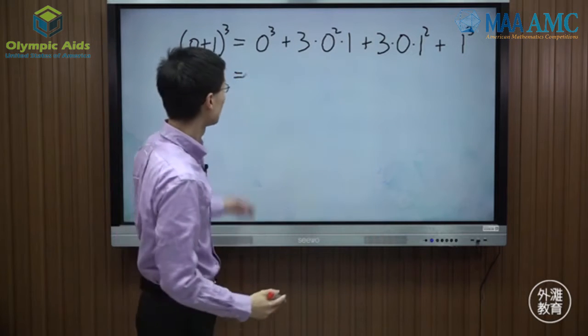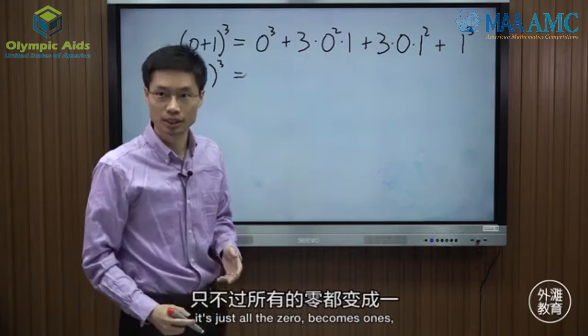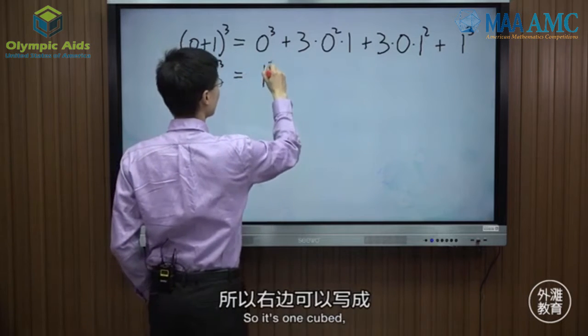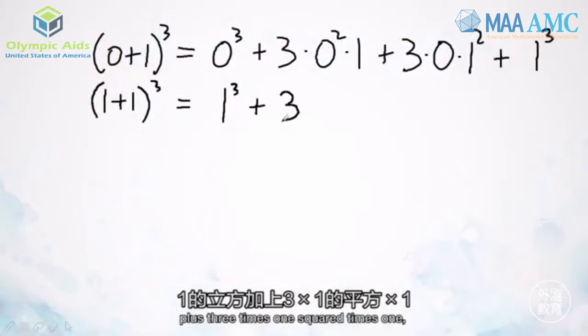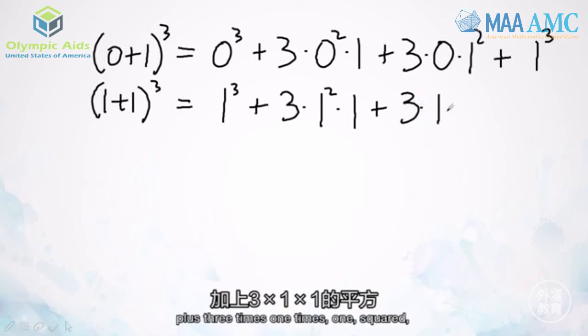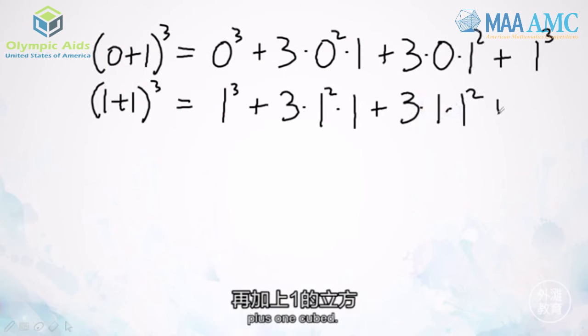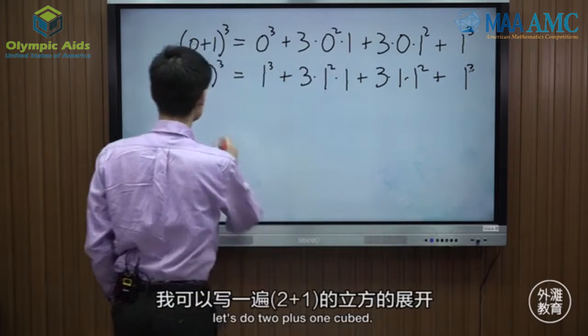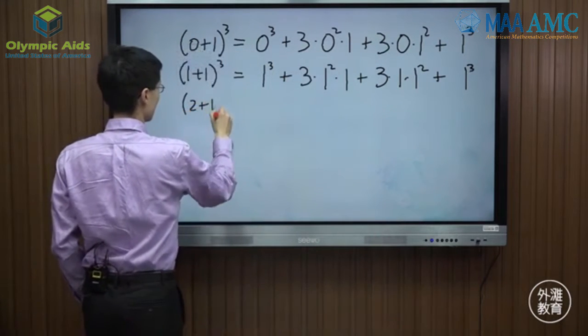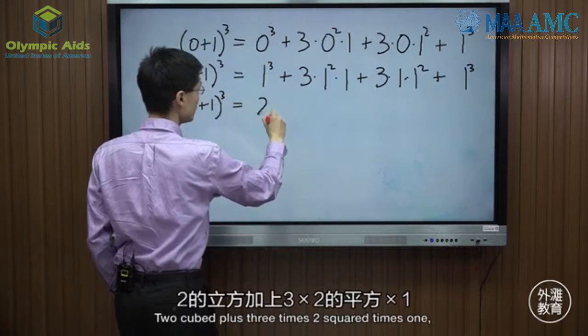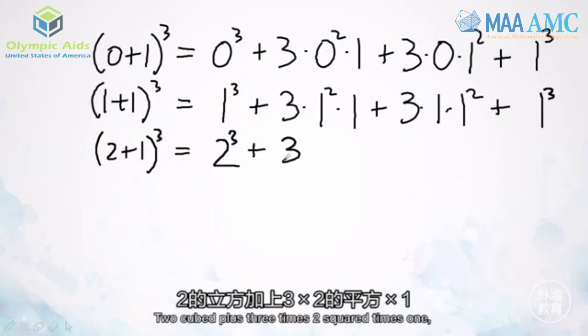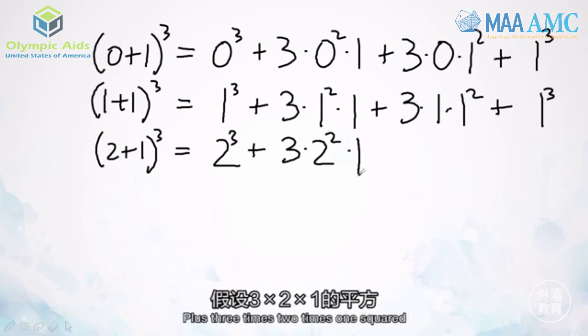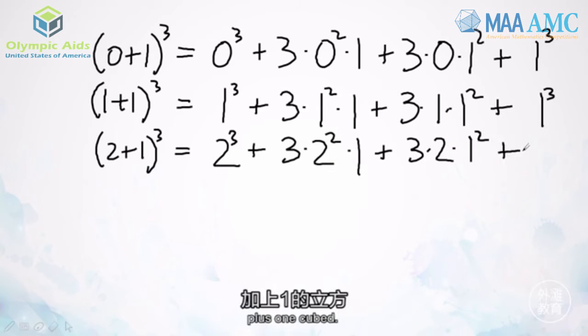What is this? Well, it's very similar. It's just that all the zeros become 1s. So it's 1 cubed plus 3 times 1 squared times 1 plus 3 times 1 times 1 squared plus 1 cubed. I'm going to do this many times. Let's do 2 plus 1 cubed. 2 cubed plus 3 times 2 squared times 1 plus 3 times 2 times 1 squared plus 1 cubed.